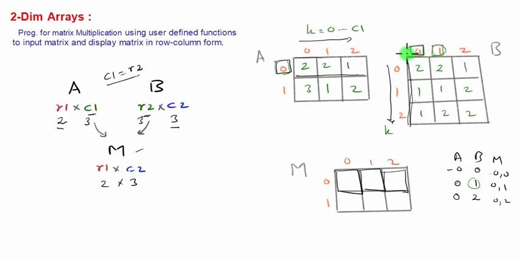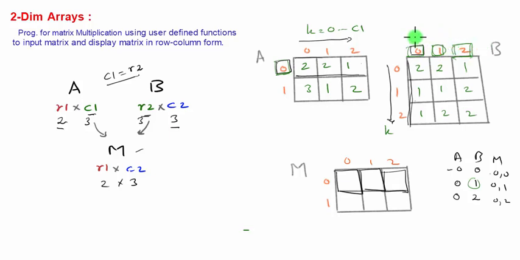Then again we'll do the same multiplication keeping the same row constant, 0th row with first column of B. After going through these 0, 1, 2 elements and these 0, 1, 2 elements, we'll multiply and get the answer into M. Then we'll increment the column count of B to 2. Again keeping this 0th row constant, we'll multiply it with the second column of B. So here we are keeping track of even the column count of B also.